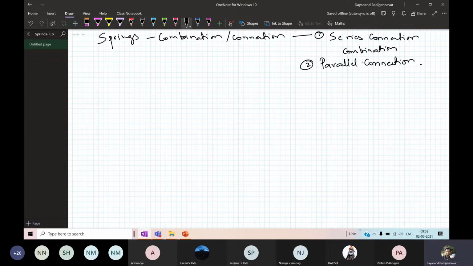Series connection as well as parallel connection, these are the two types of connections of the springs. Let us go for the first one, the series connection of springs, or combination.